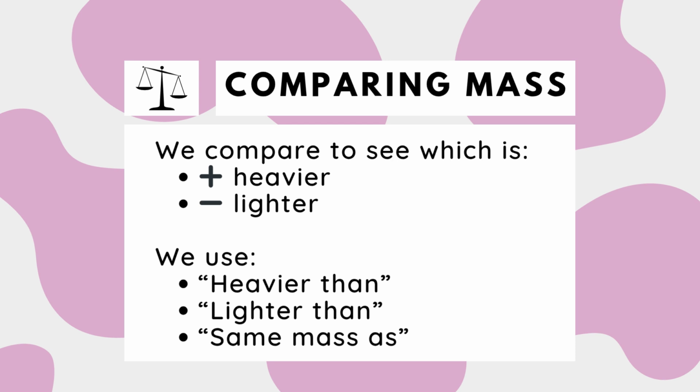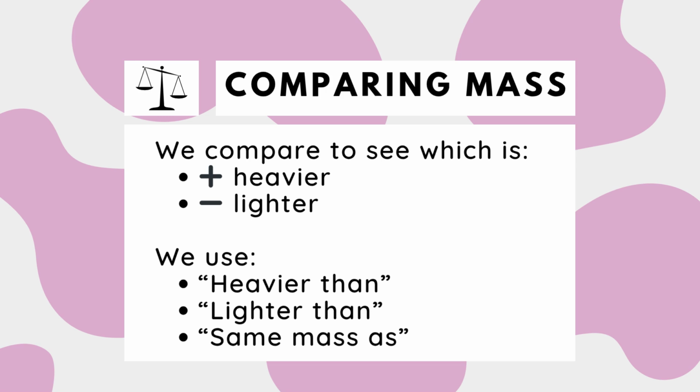Let's say you have a rock and a feather. The rock is heavier than the feather. The feather is lighter than the rock. If two items weigh the same, they have the same mass. This helps us to compare things even without a scale. We're going to use the words heavier than: the rock is heavier than the feather.